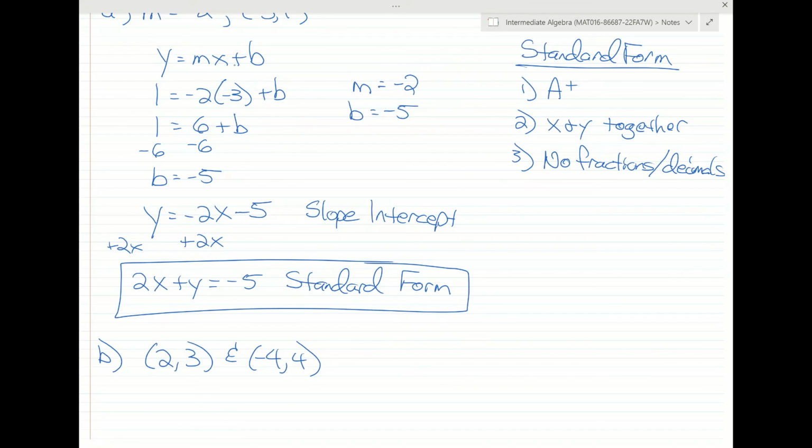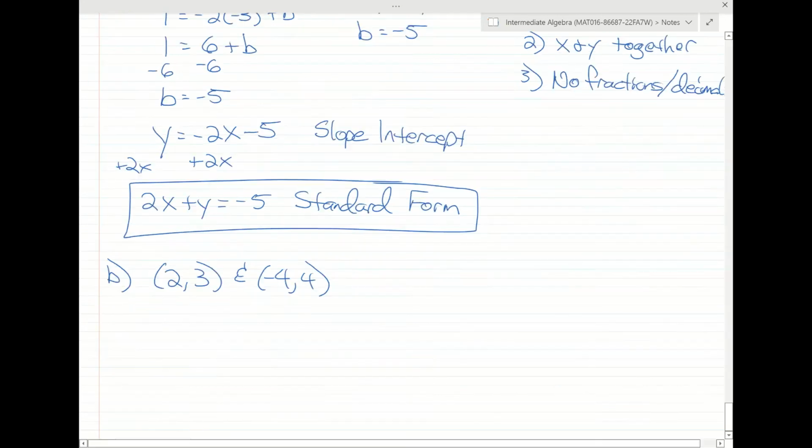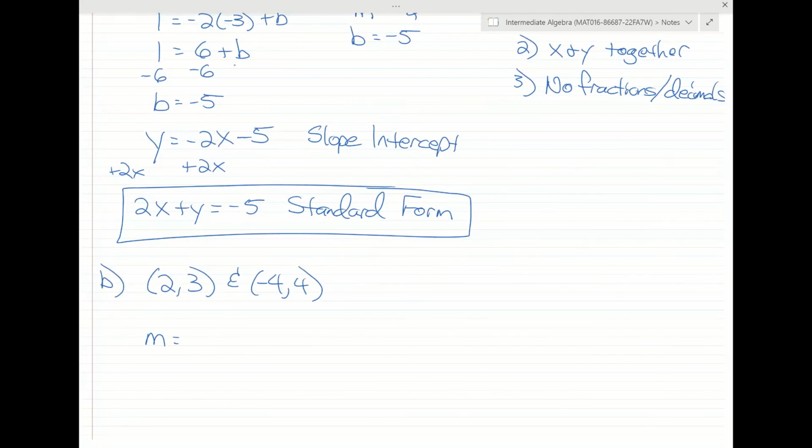We could use either point. So the slope would be 4 minus 3 over -4 minus 2, which is 1 over -6.